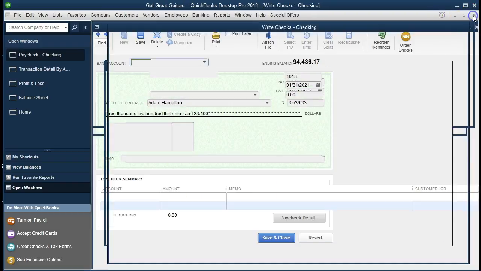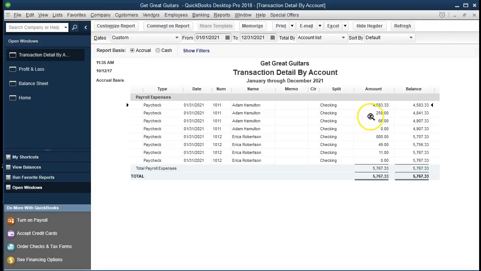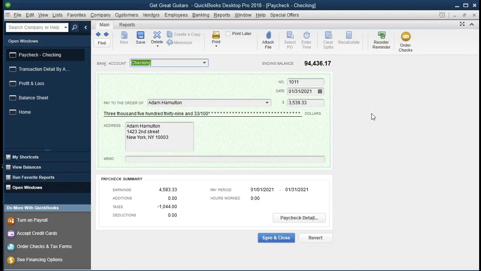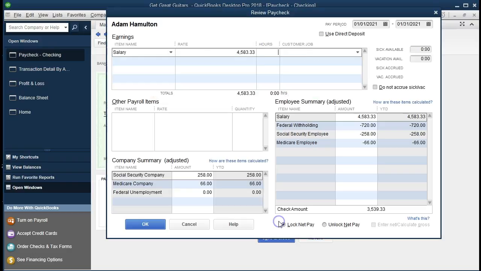Closing this back out. If we choose one of these other items, this is going to be for the withholdings portion. We double click on that and we get back to this paycheck. This is emphasizing not the amount of payment here, the net check or the gross check, but the amount of taxes lumped into this line here. If we go to the paycheck detail, what we're looking at is these items here.